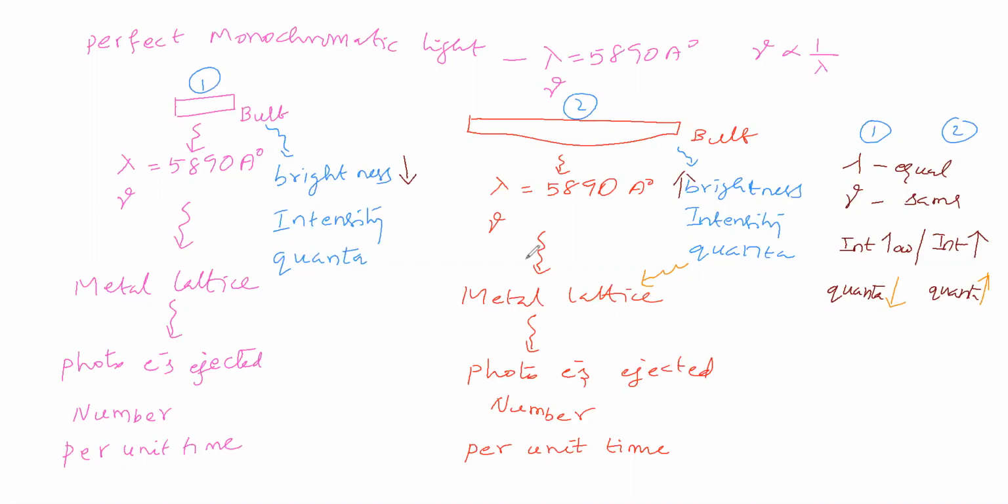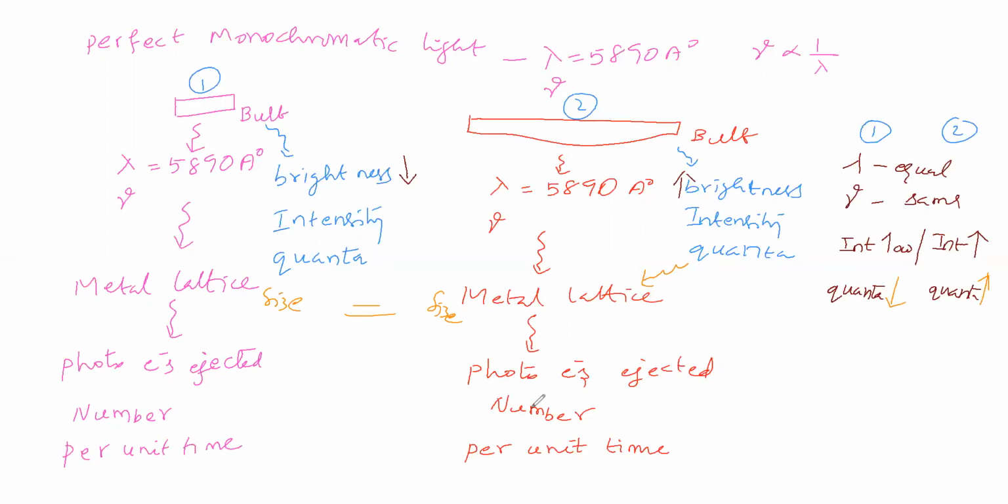For that, consider that the size of the metal lattice is the same on both sides. So now say the number of photoelectrons ejected per unit time on the left side and the number of photoelectrons ejected per unit time on the right side.